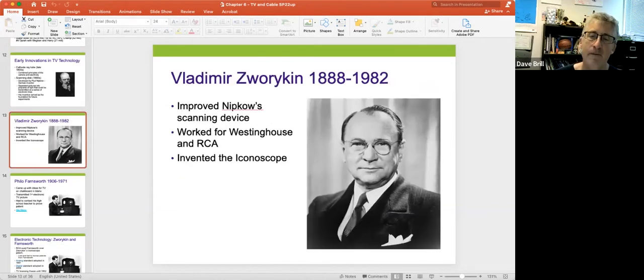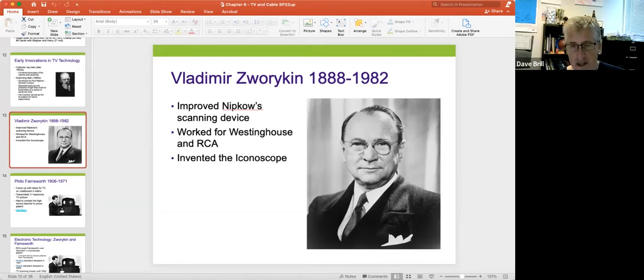The next was a guy named Vladimir Zworykin, who was actually on planet Earth for quite a long time, from 1888 to 1982. He, in Russia in 1907, worked in a lab that improved on Nipkow's scanning device. Eventually, he came to the US in 1919. So that would have made him about 30 years old, right?